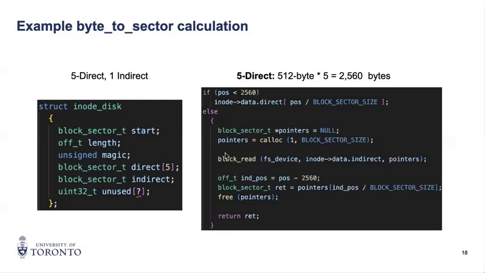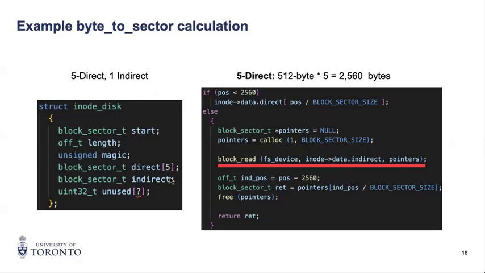Given our position is now in the indirection, we have to copy over the indirect sector pointers from the file system disk. So first we create this pointer in-memory buffer. Then we read the indirect block from the file system disk using its sector.